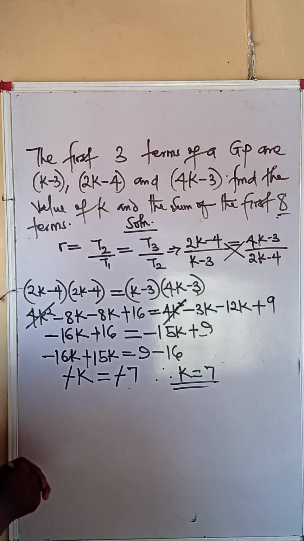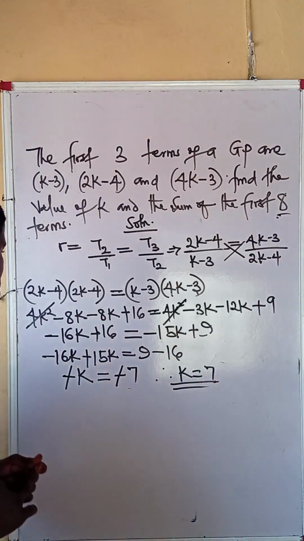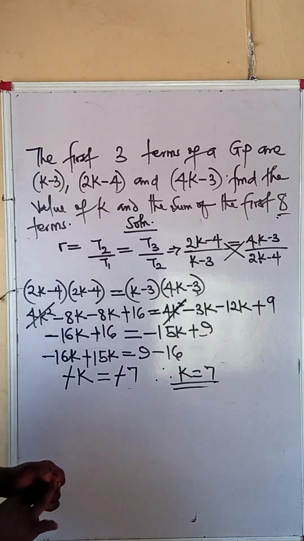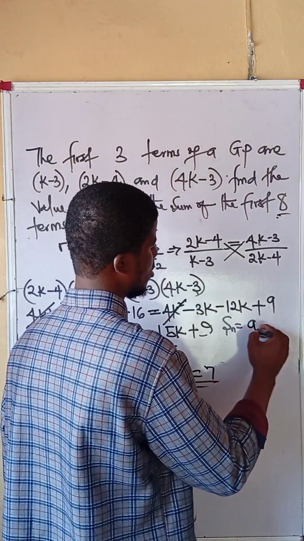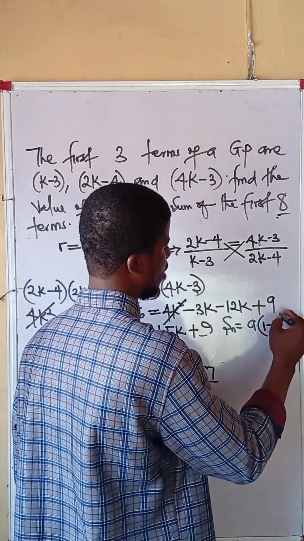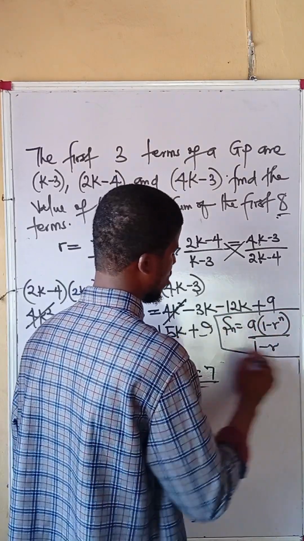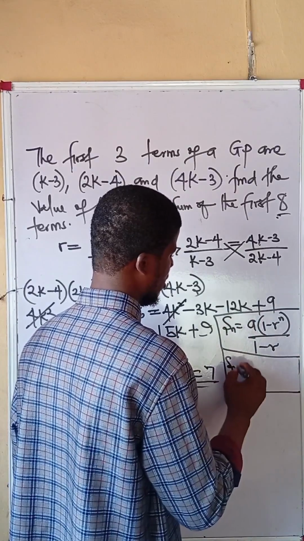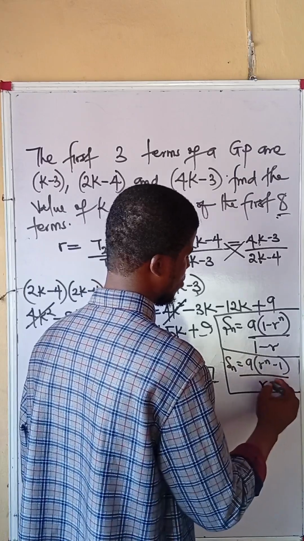The question asks us to determine the sum of the first 8 terms of the sequence. For a geometric sequence, Sn, the sum, is a into 1 minus r to the n over 1 minus r, or we use the other one: Sn is a into r to the n minus 1 over r minus 1.